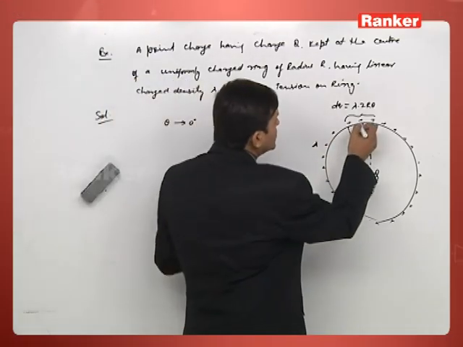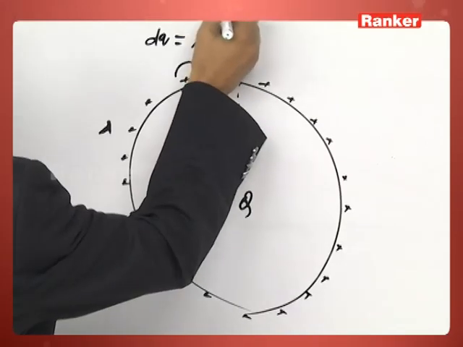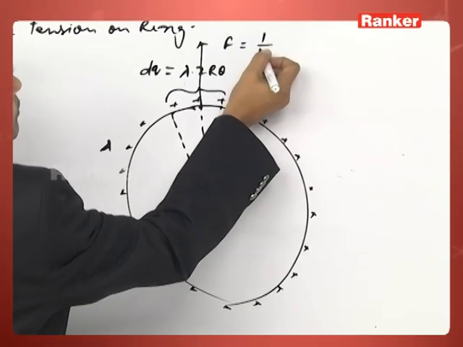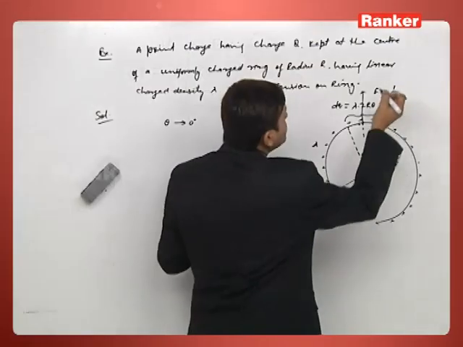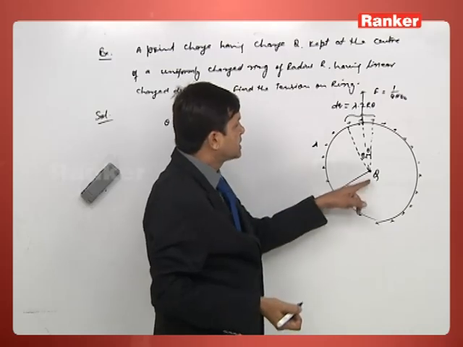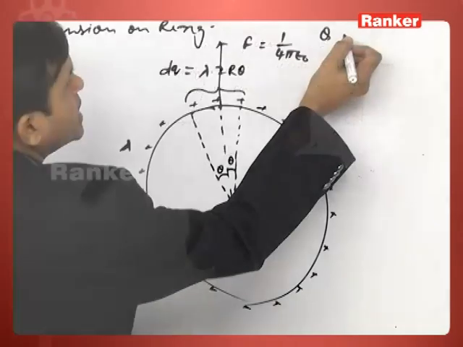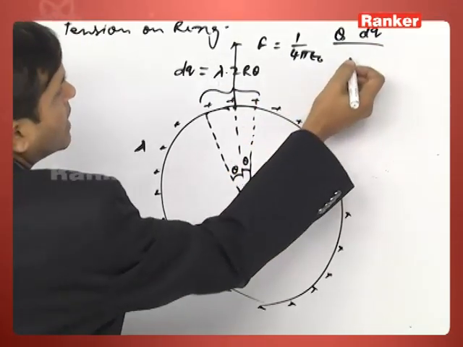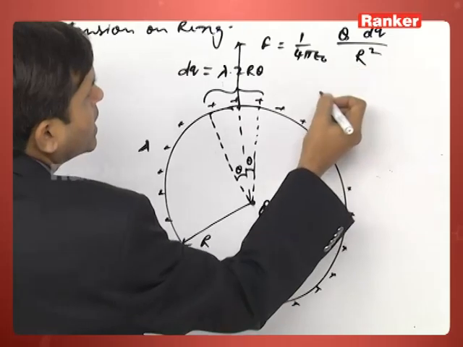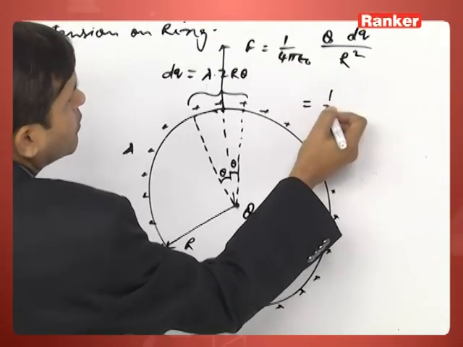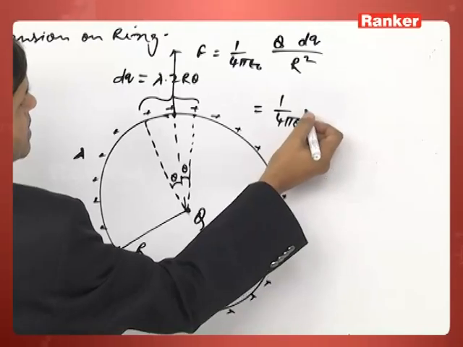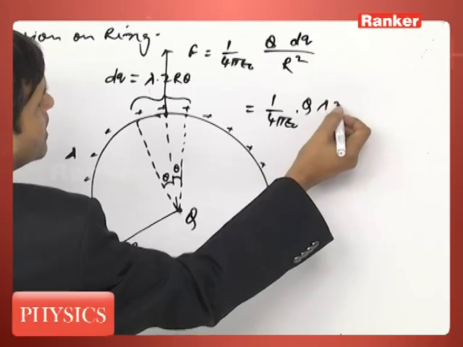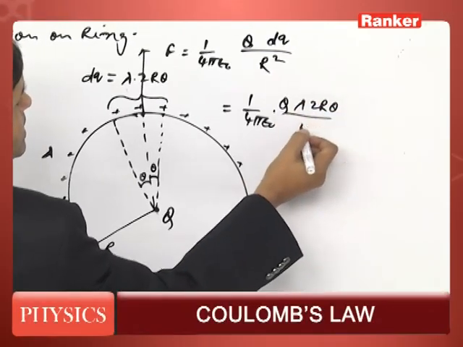The force on this part is in this direction. That force is how much? Same Coulomb formula, 1 by 4 pi epsilon naught, Q into dq by the distance of this charge from the center, r square. Now substitute the value of dq. dq is lambda into 2r theta, so lambda 2r theta by r square.